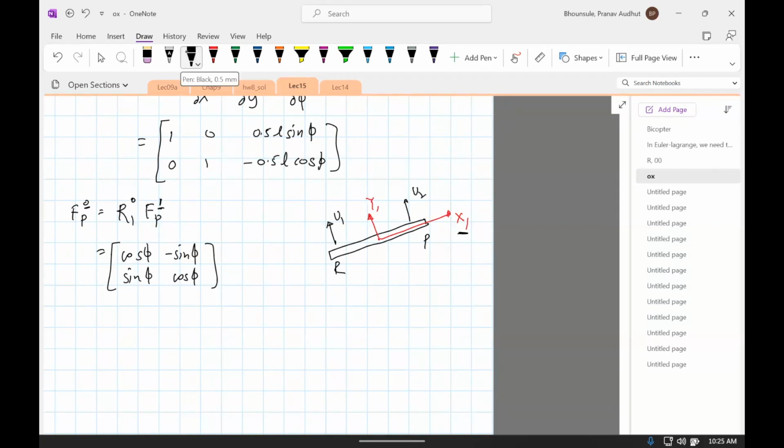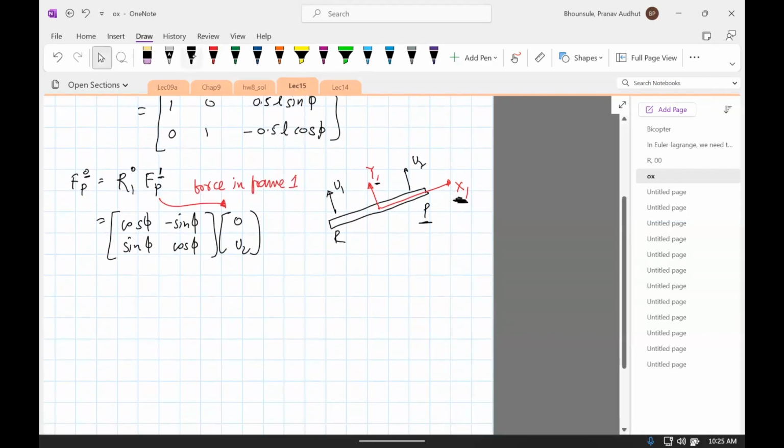There's u2 along the y1 axis, and nothing along the x1 axis. So 0 for x1 and u2 for y1. This is the force in frame 1. Doing the math on this gives you minus u2 sine phi, u2 cosine phi.